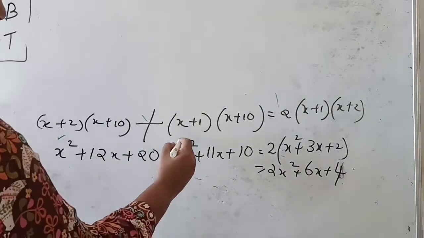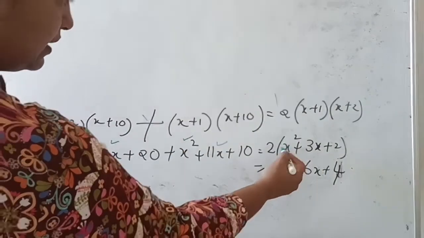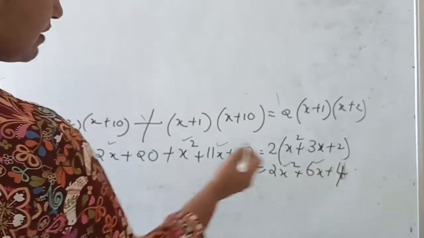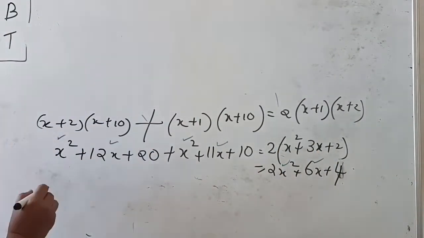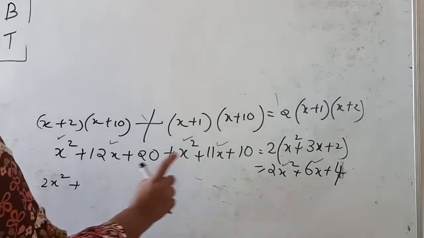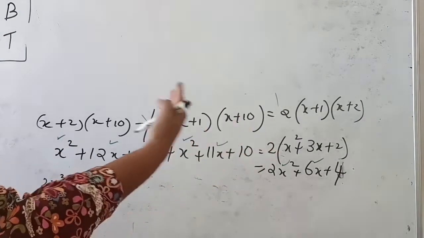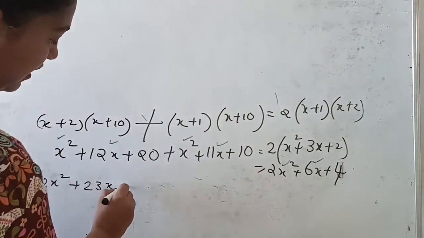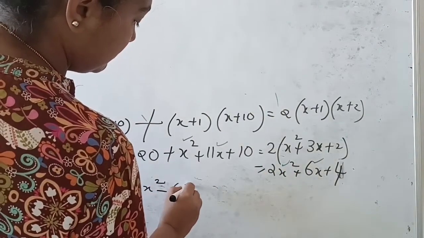X square, 12x, 11x, and I have got 2x square and 6x. Right? So, x square plus x square is a 2x square. 12x plus 11x is a 23x. Now let me take the terms from the RHS. I have a minus 2x square and a minus 6x.